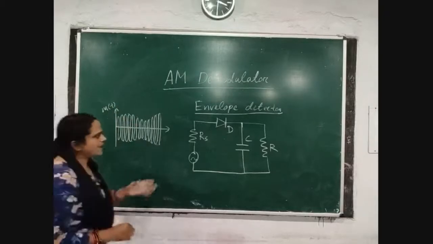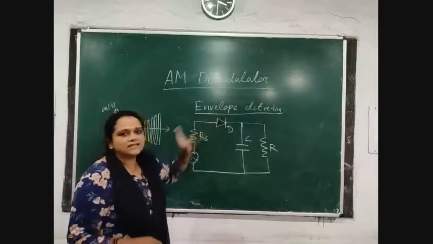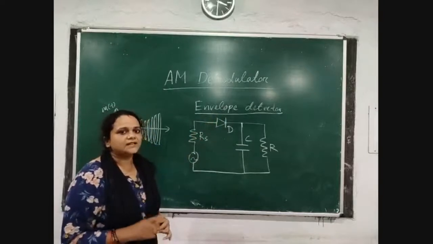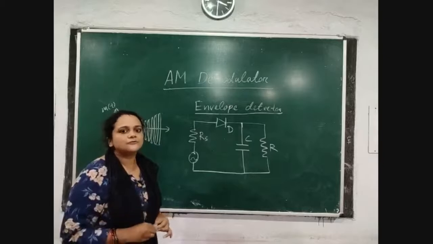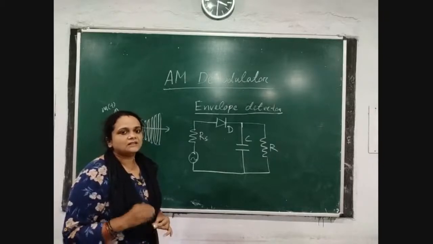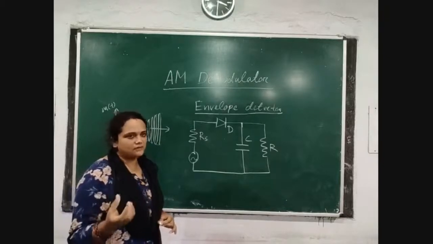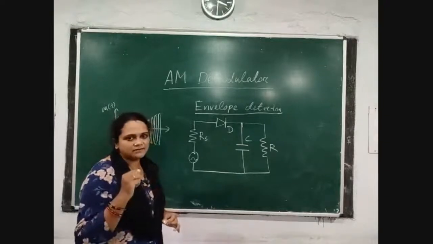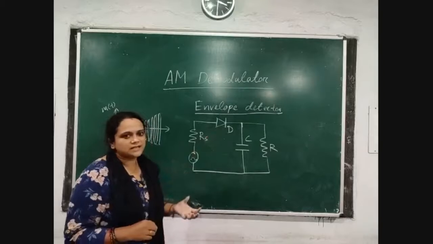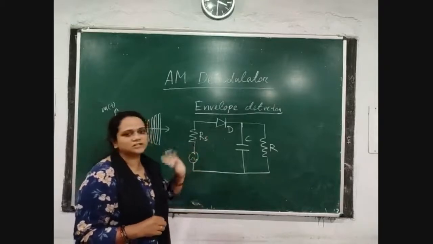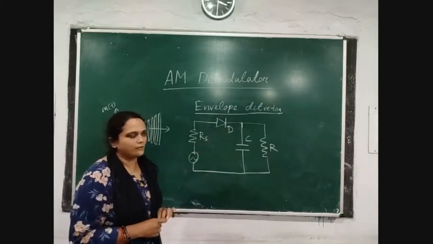As we know, what is the function of a diode? The diode only conducts during forward bias condition. When we give a negative signal, it remains in reverse bias condition and there is no conduction within the diode.